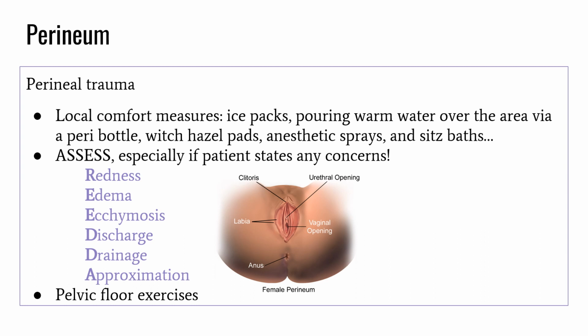Ask open-ended questions and know that if they state a concern, you need to really truly visually inspect the area as a first priority. Some patients can be a little bit more modest than others, and they may just want their primary provider to take a peek at the area and not all the nurses they see throughout their stay. But please ask them open-ended questions.